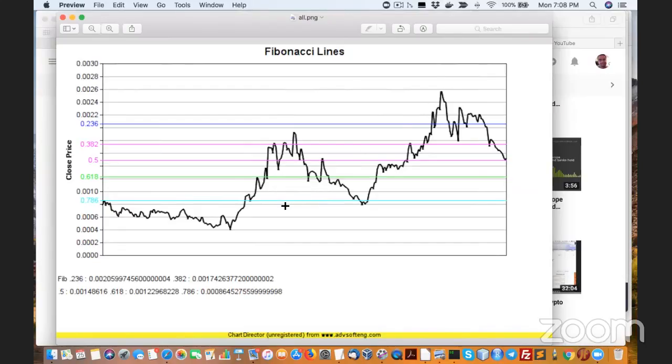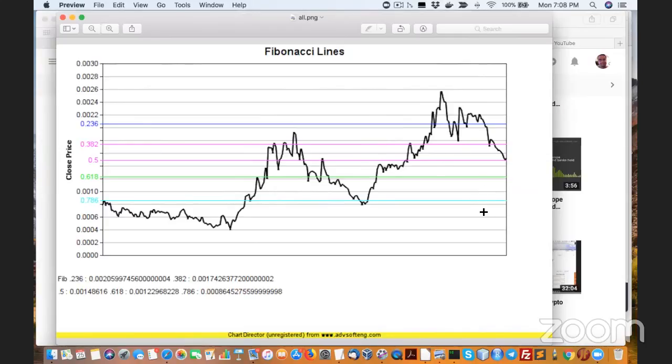Now, here we have the open, high, low, close bars. But what I'm actually using is the lows in this particular bar and the high in this bar, and then figuring out the min and max of those and drawing the Fibonacci levels based upon that range.